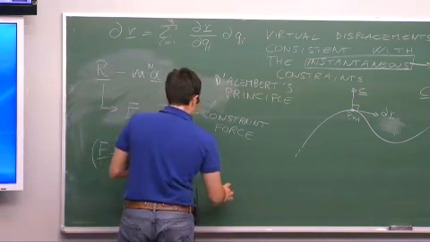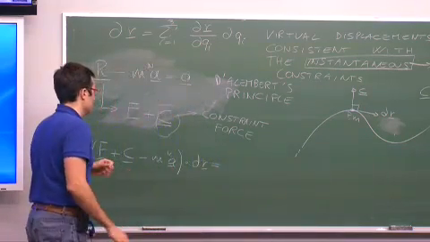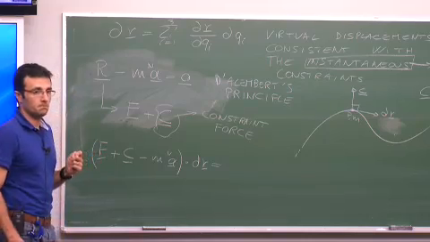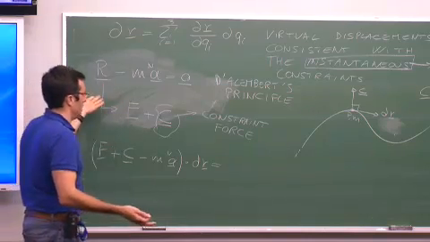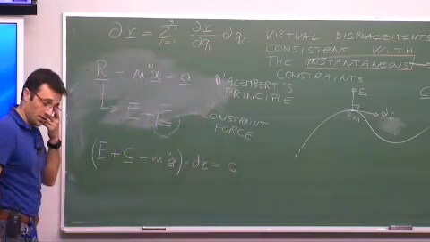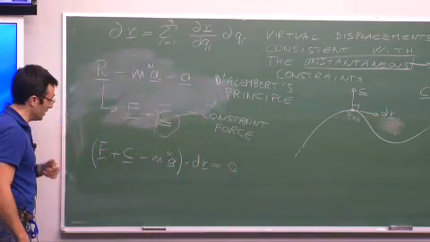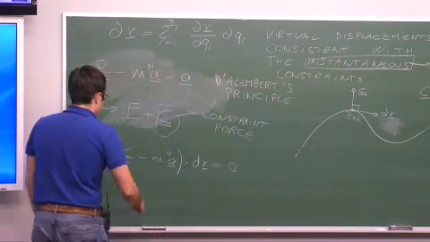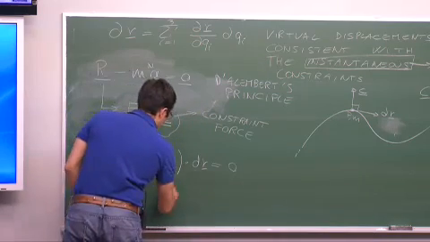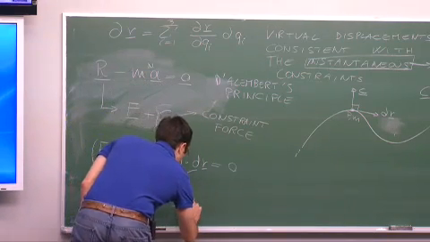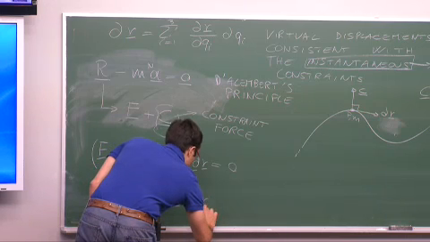So this is 0, right? One of the two vectors in this dot product is 0, so it doesn't matter what I do. When I dot it with something else, it will be 0.